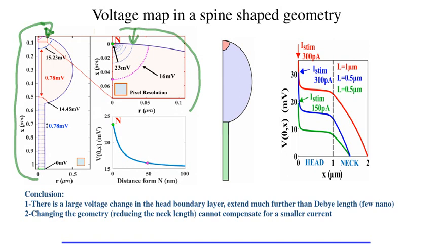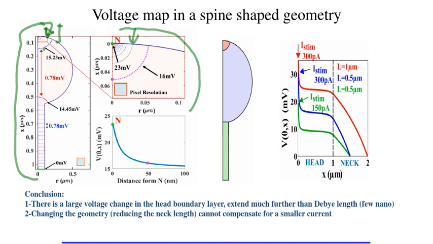It is very large here, although from here to here the difference is quite small, and then it decays almost linearly in the spine neck.